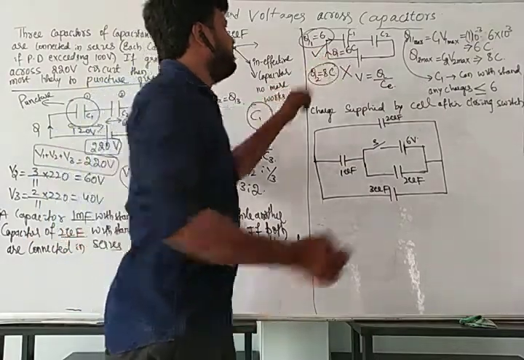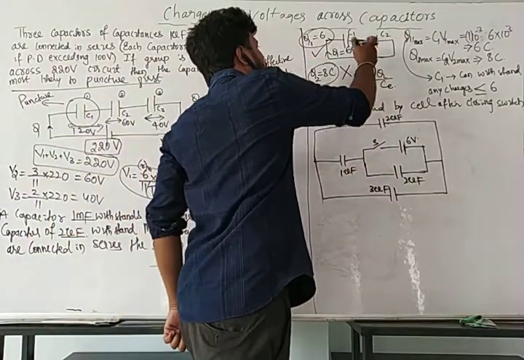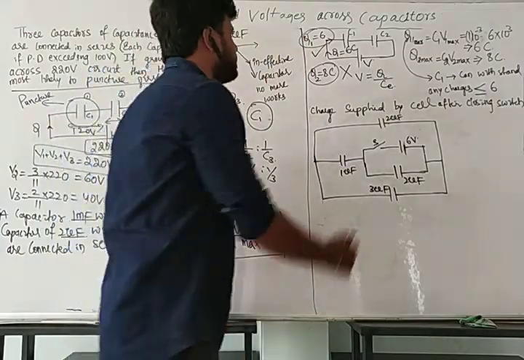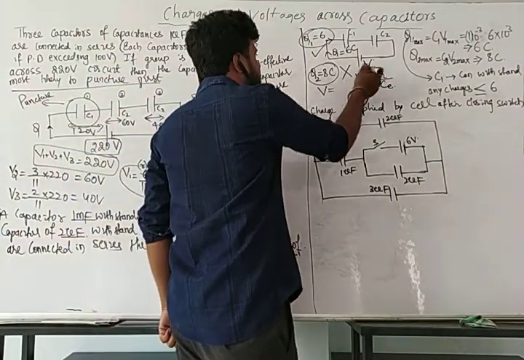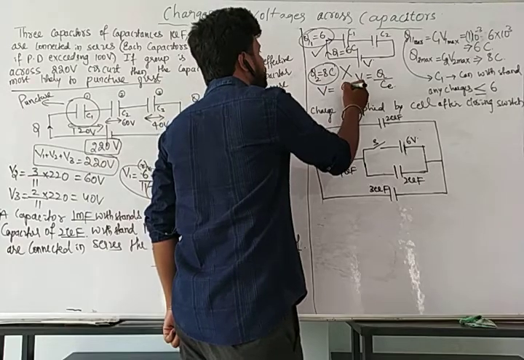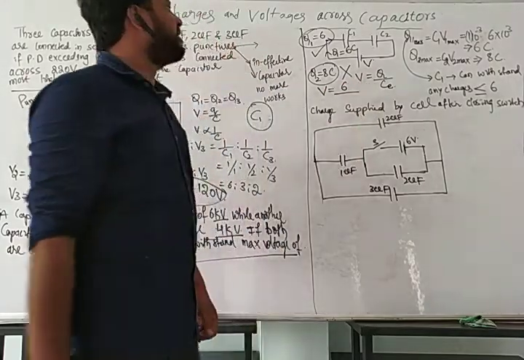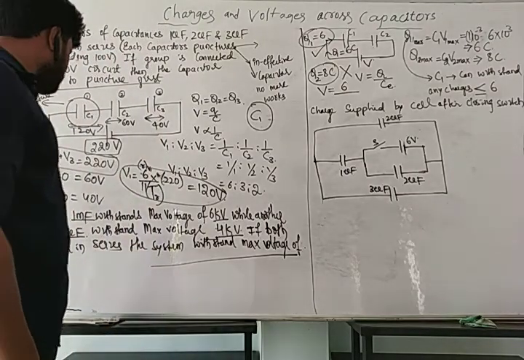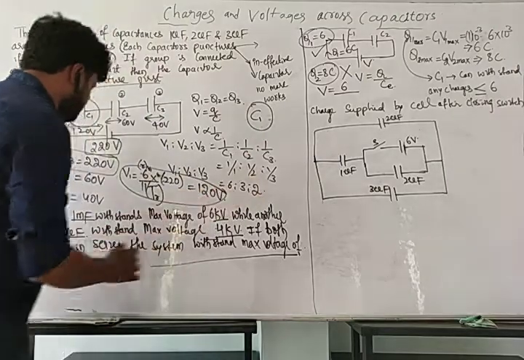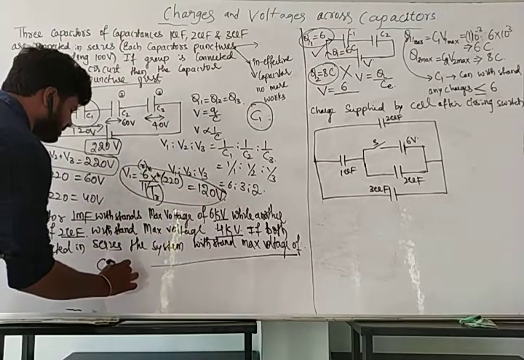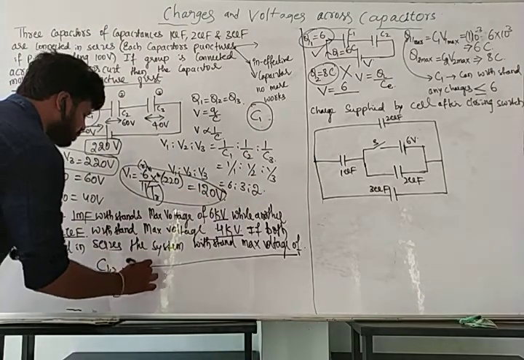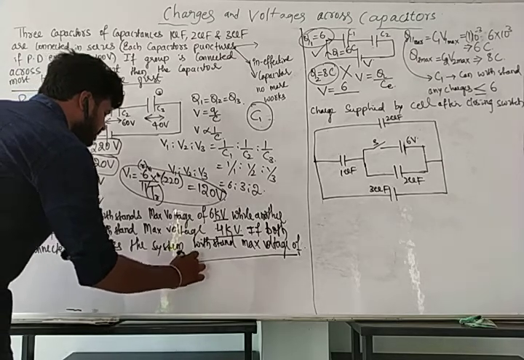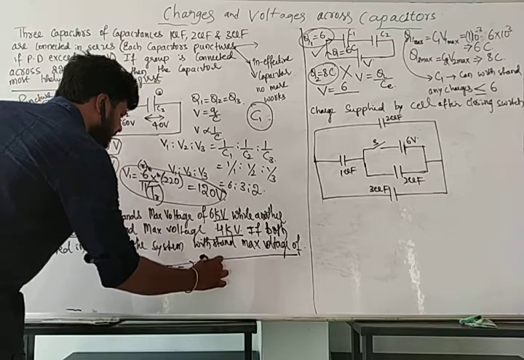Simple. We need to find V here. V equals total charge divided by total capacitance. So V is equal to total charge, which is 6 coulomb, divided by the equivalent capacitance value of 1 millifarad and 2 millifarad. Remember, C equivalent of C1 and C2 is equal to, I can write this as 1 into 2 divided by 1 plus 2 millifarad, which is equal to 2 by 3 millifarad.